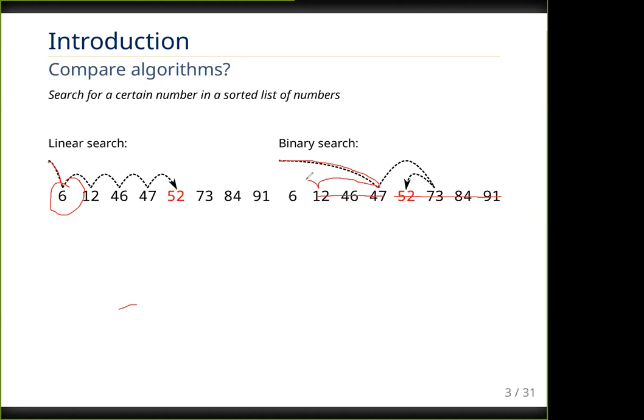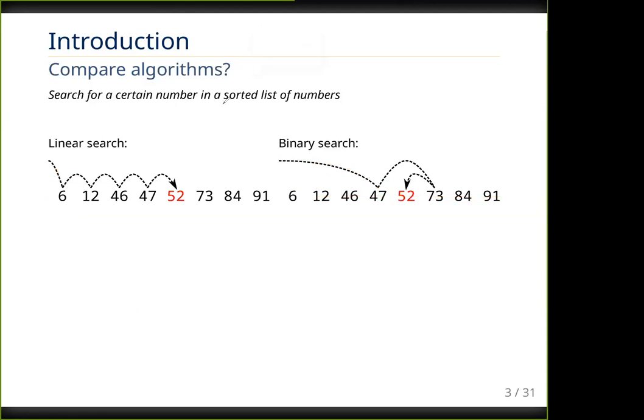And from 12, I would jump to finally 6. And so here it would take me 3 different steps. Overall, we see that in some cases, the binary search is not always better than the linear search. It also depends on the items that we're looking for.